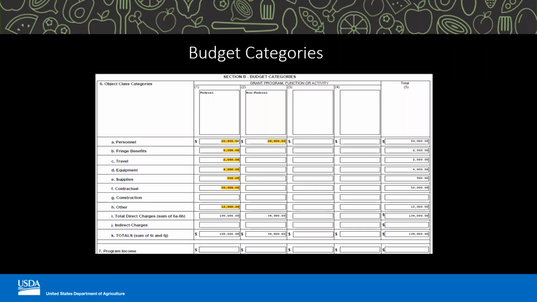There is a line for construction, however, construction is not an allowable expense as a federal request or a match contribution through the Farm to School grant program. The form will total these amounts as direct charges. Applicants may choose to apply an approved indirect cost rate as well.